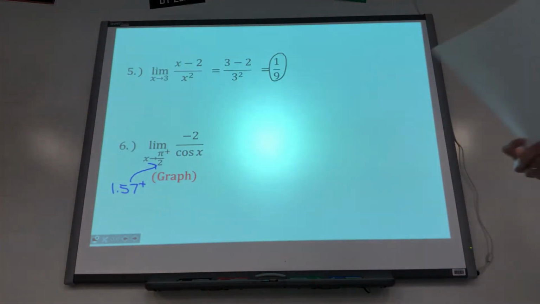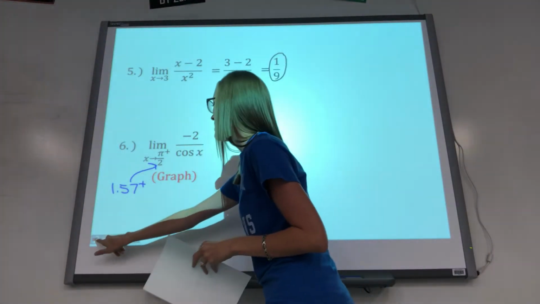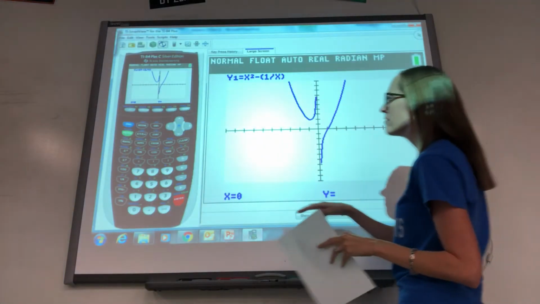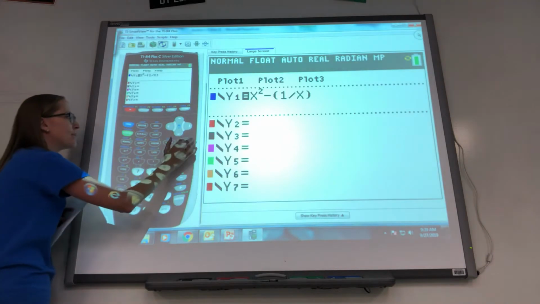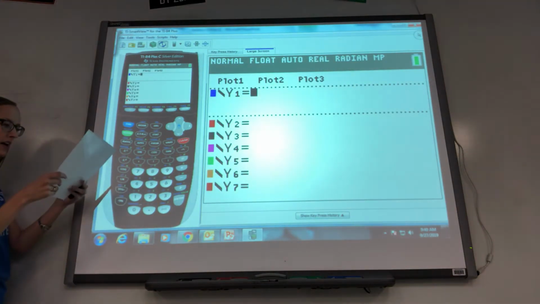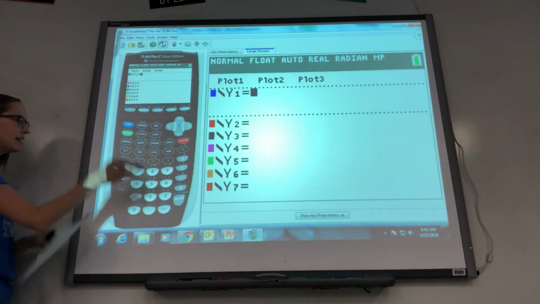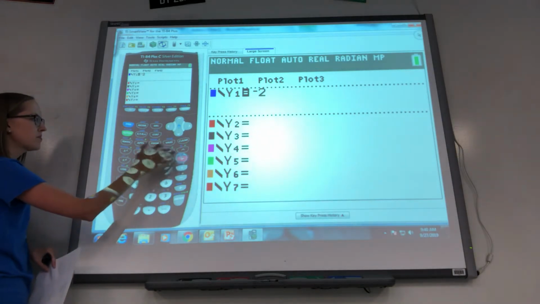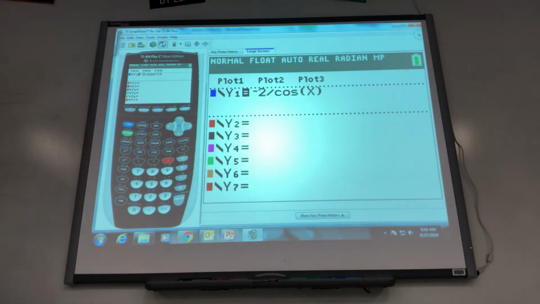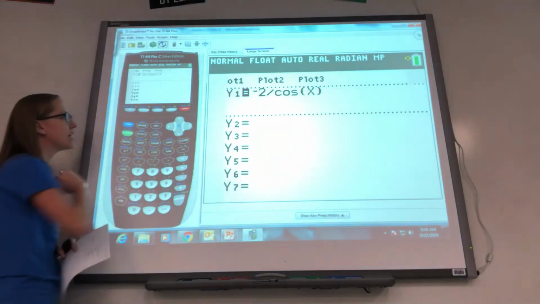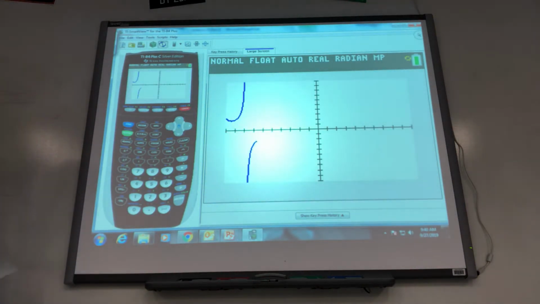It's kind of hard to think of it as pi over 2 on a graph because we're not counting by pi's, we're usually just counting by ones. Okie doke. Now here I go. What was it? It was negative 2 divided by cosine of x. You can probably just type it in like that. I don't think you'll need parentheses around the denominator.